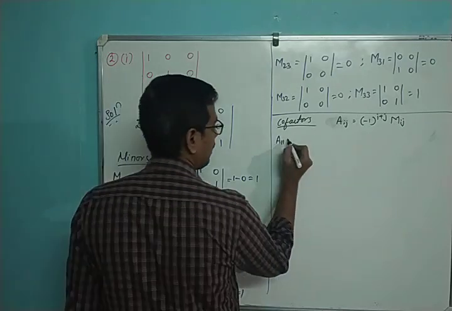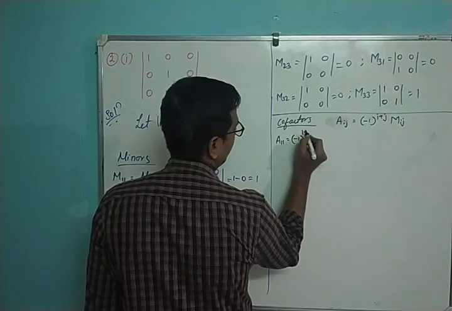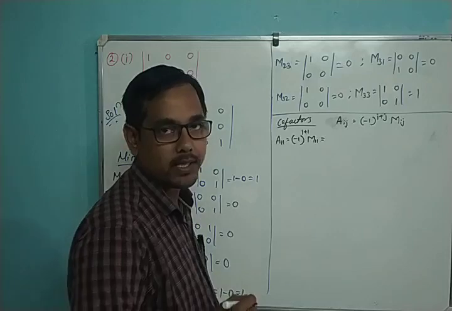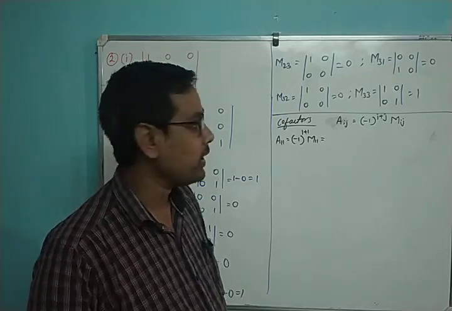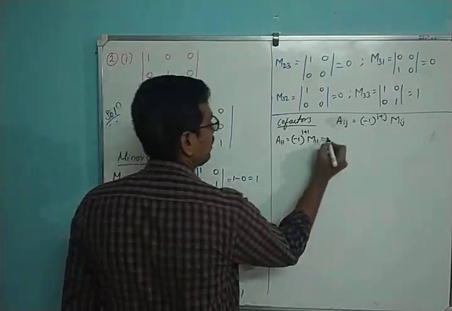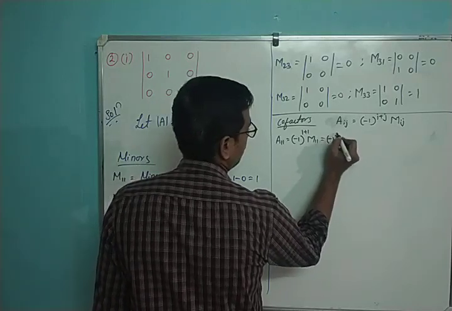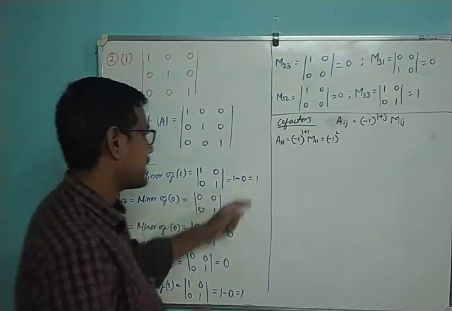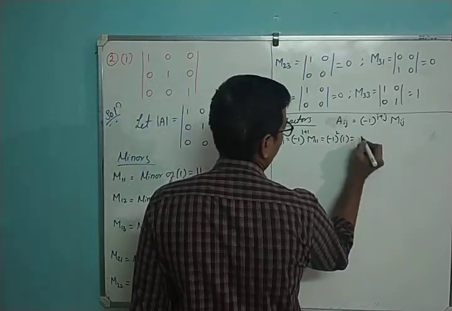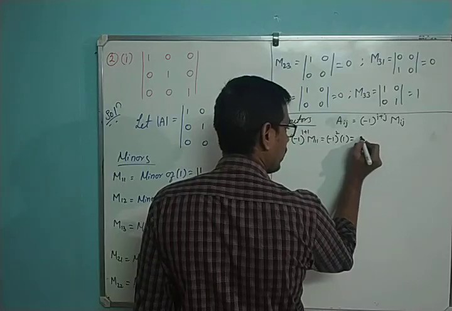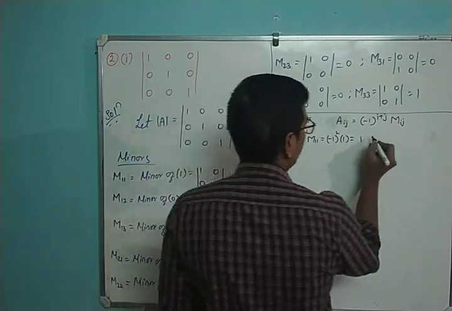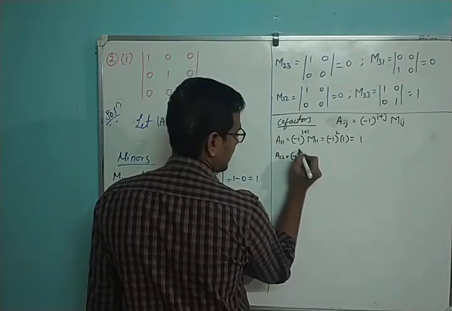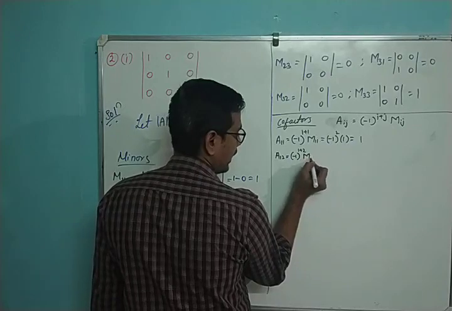A11 is what? Minus 1 to the power 1 plus 1 into M11. So minus 1 to the power 1 plus 1 is minus 1 to the power 2, that is plus 1. So plus 1 into M11, which is 1. So this will be equal to 1. Okay. Similarly, A12 is minus 1 to the power 1 plus 2 into M12.